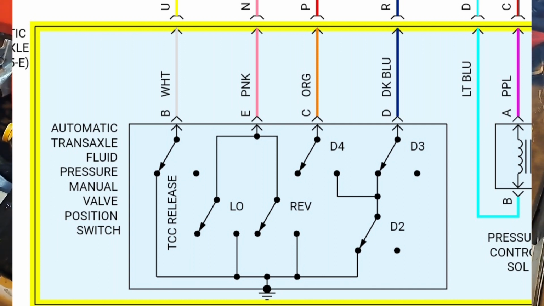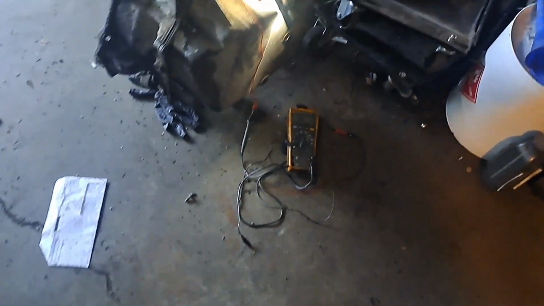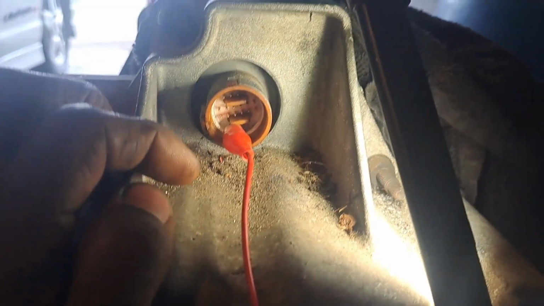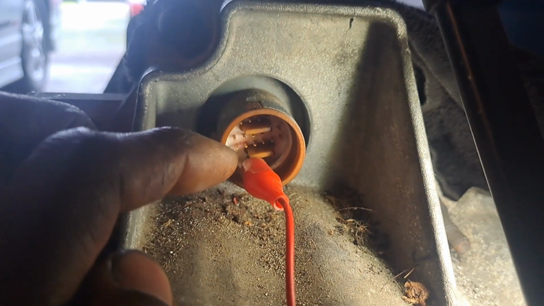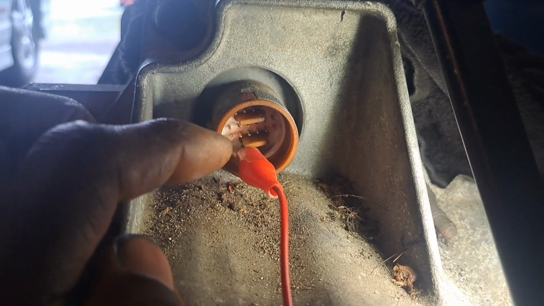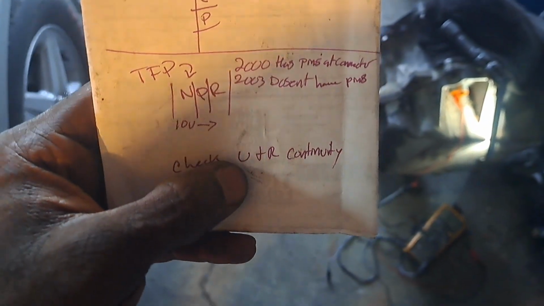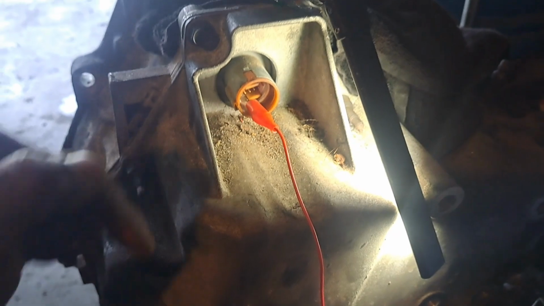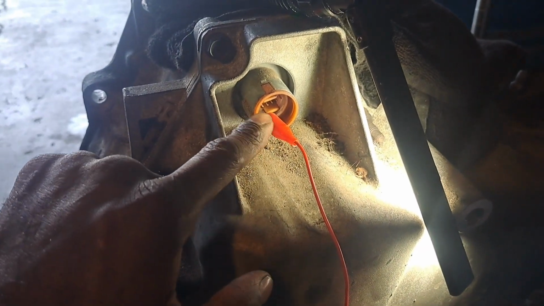I should have some loop continuity. I have this one set up, so I'm on the appropriate pins. Let me see, I wrote it down. I'm supposed to be on U and R. I'm checking that for continuity, because at a static state, that should have bridged the connection from here to there.